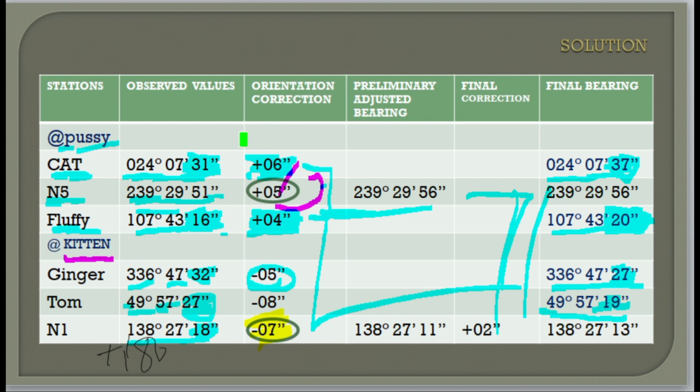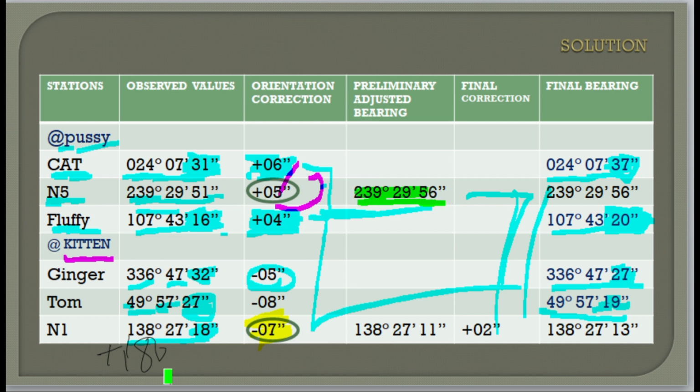So let me start with the first one. So that is 239, 29, 51 plus 5 seconds. We'll get our answer 239, 29, 56.